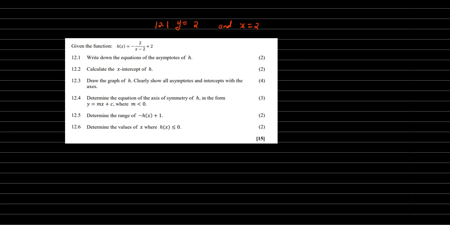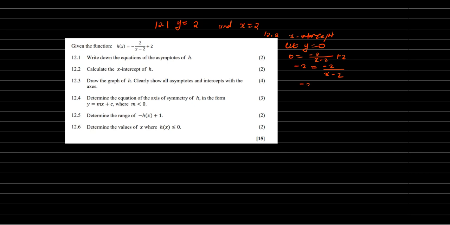Now, let's go on to look at the calculation of the x-intercept. Let's look at 12.2. For the x-intercept, we simply let y be 0, then we'll have 0 equal to negative 2 divided by x minus 2, plus 2. We transpose 2 to the other side, we'll have negative 2 equal to negative 2 all divided by x minus 2.